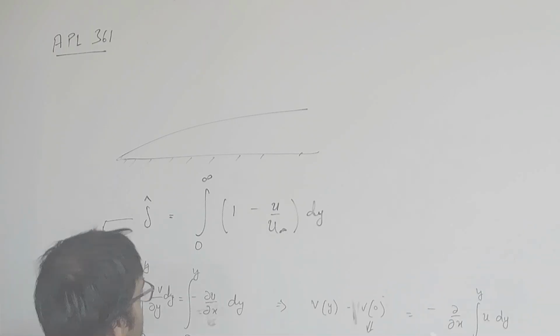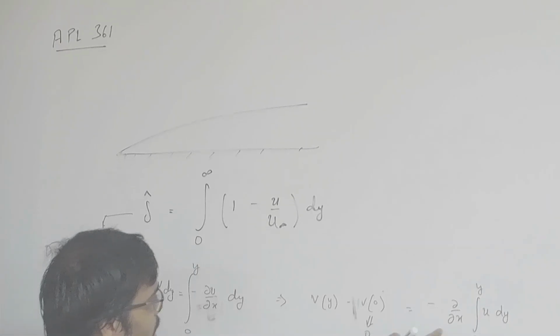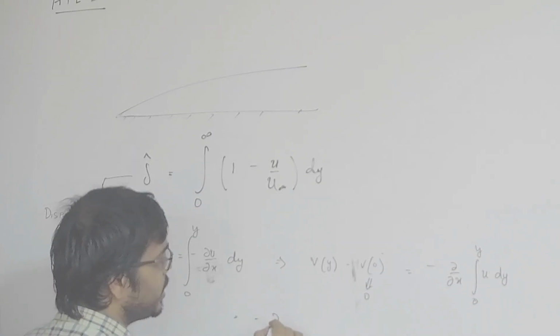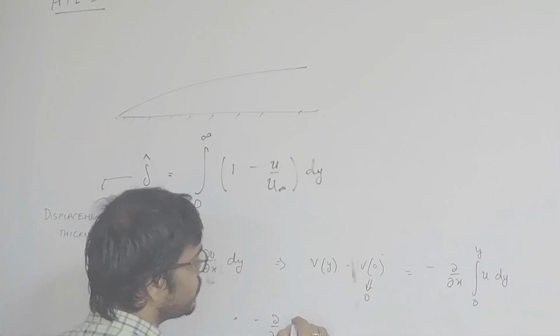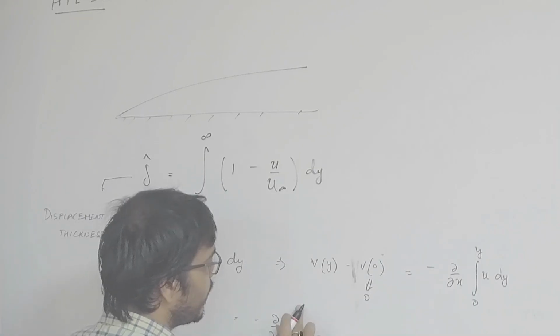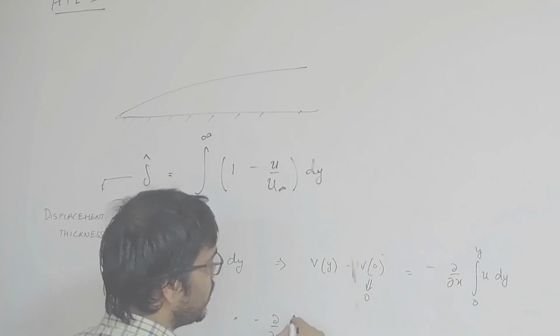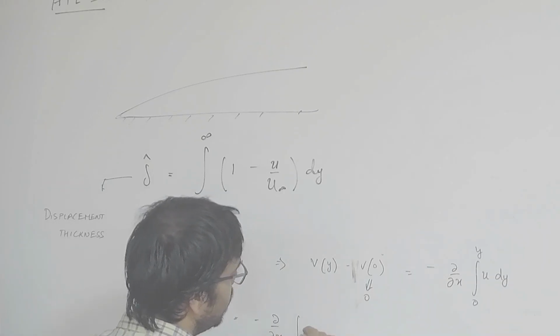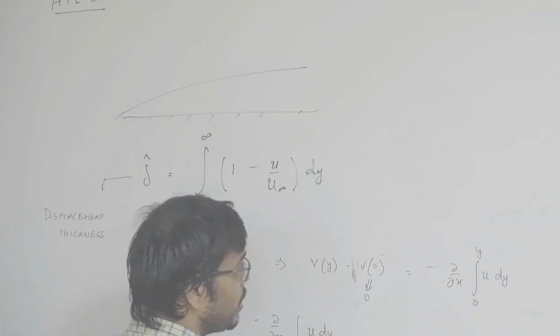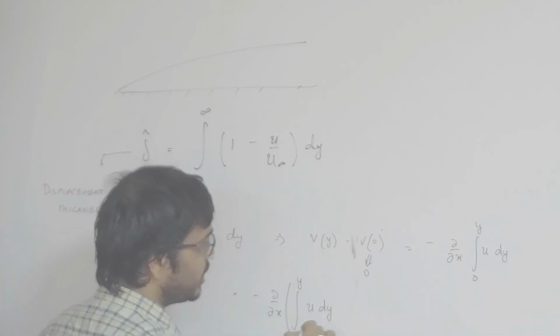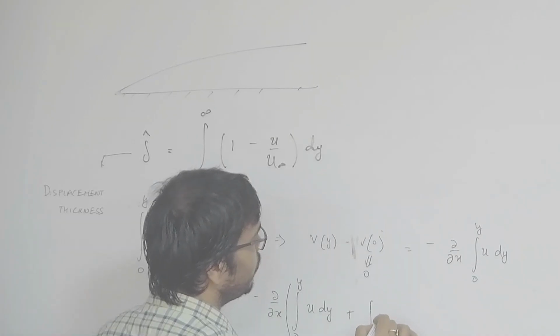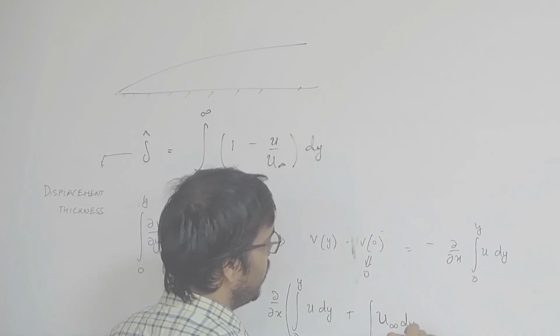And over here what we can do is we can write this as minus del by del x of u dy. So I can do a plus minus of u infinity dy.